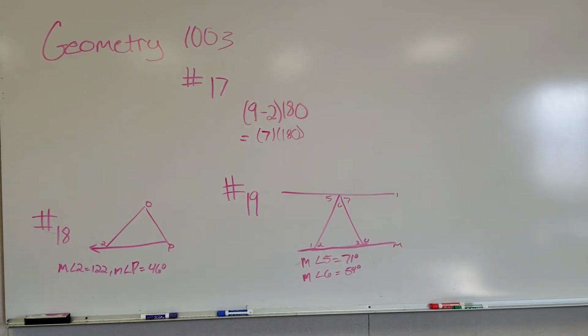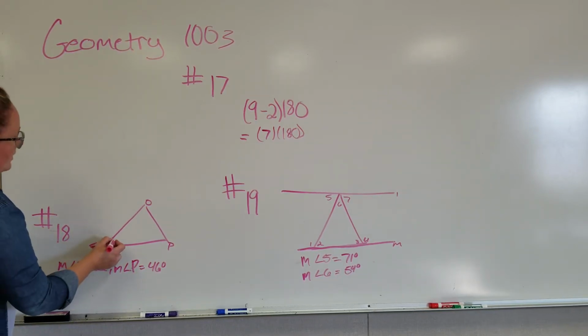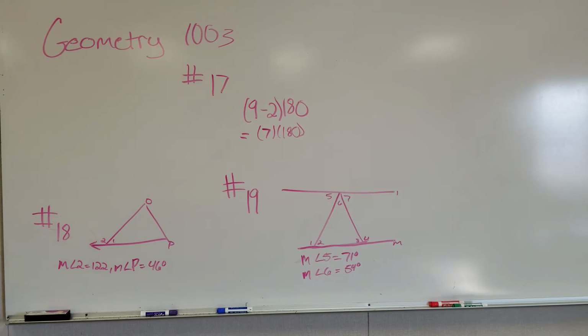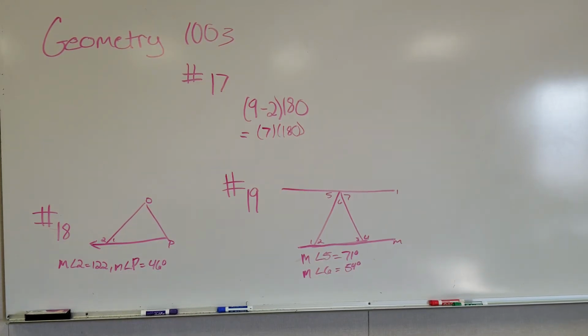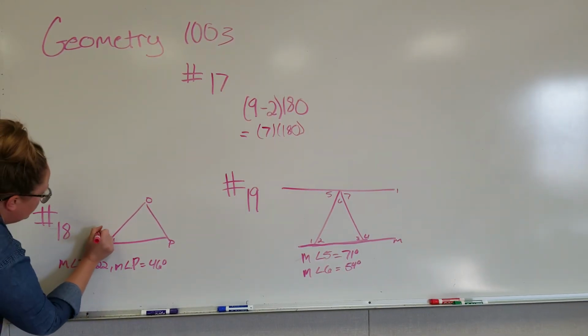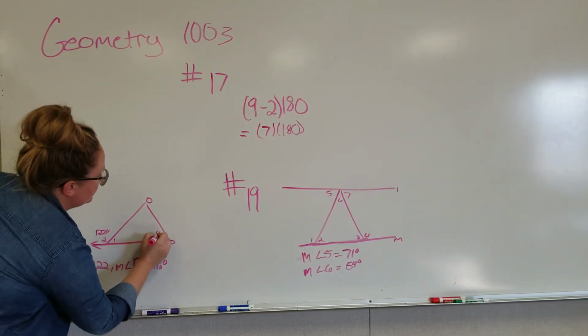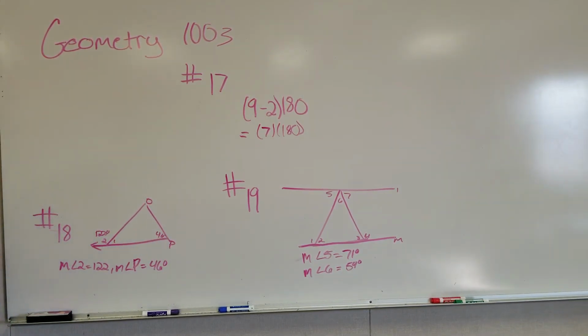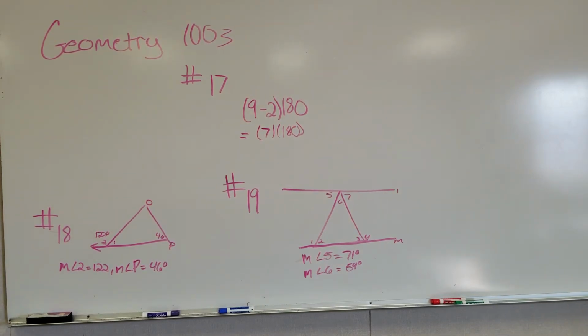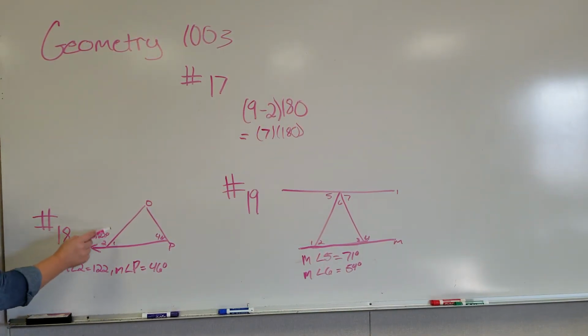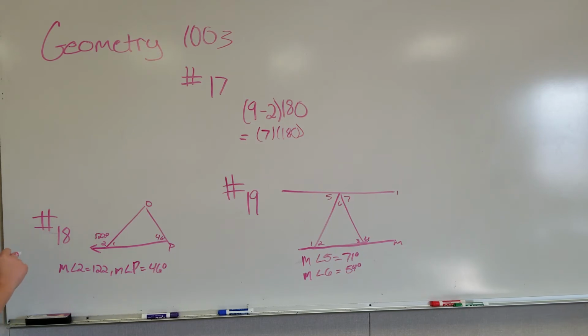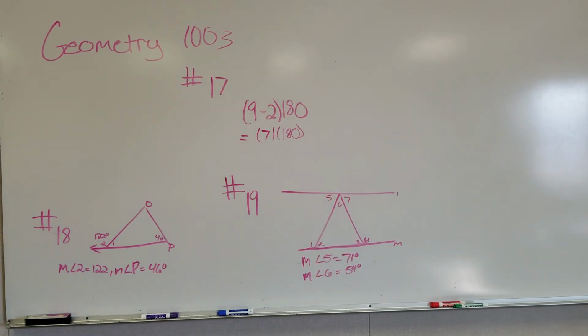Problem number 18. They give you this figure. And they say, if the measure of angle 2 equals 122 degrees, and the measure of angle P equals 46 degrees, what is the measure of angle O? So this is an exterior angle. So if you'll remember, your exterior angle is equal to the sum of the remote interior angles.